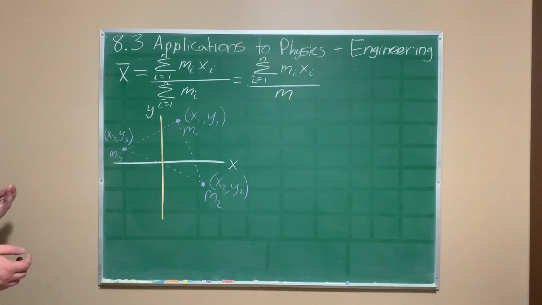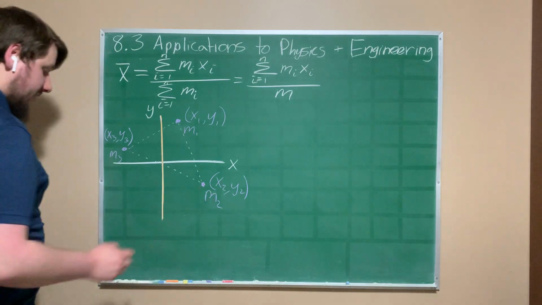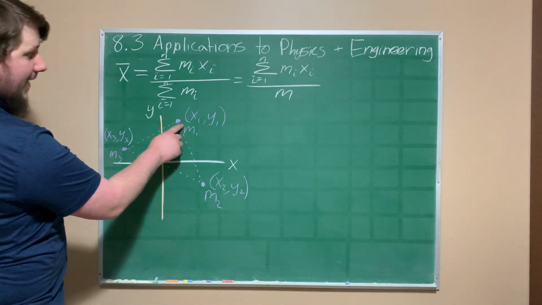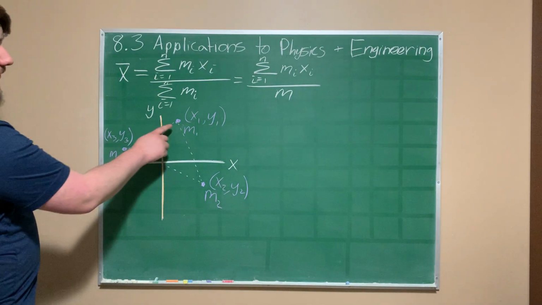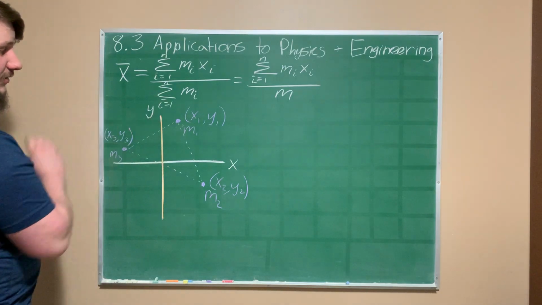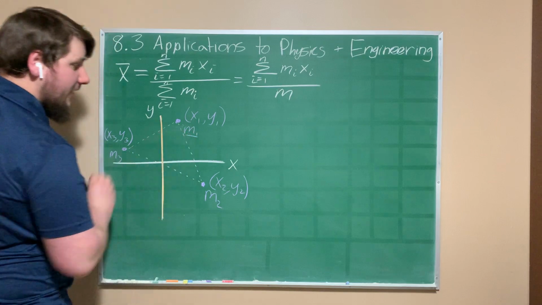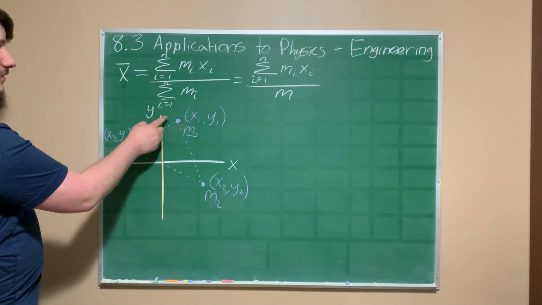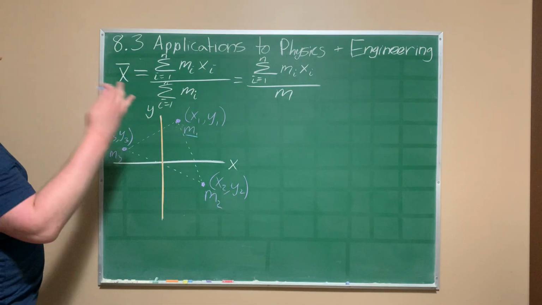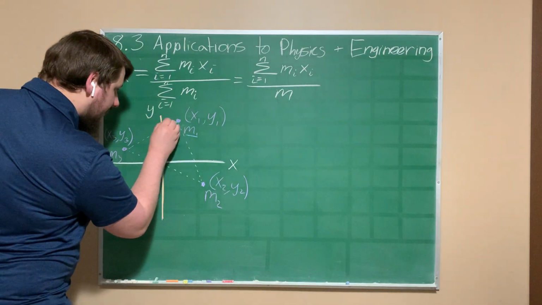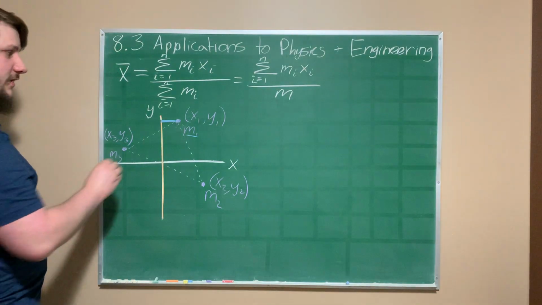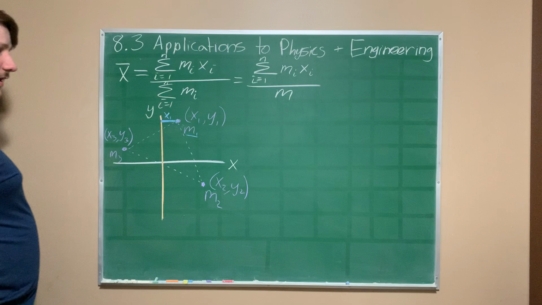In order to do that, we're going to look at each of these three points separately. Start with M1 up here. If I want to figure out the moment of M1 with respect to this axis, I need its mass, which is M1 itself, and I need the distance to this axis that I'm rotating around. So I need this horizontal distance here, which is going to be exactly x1.